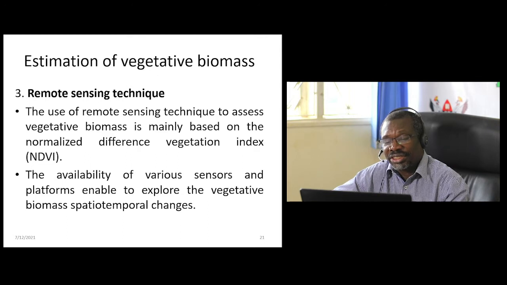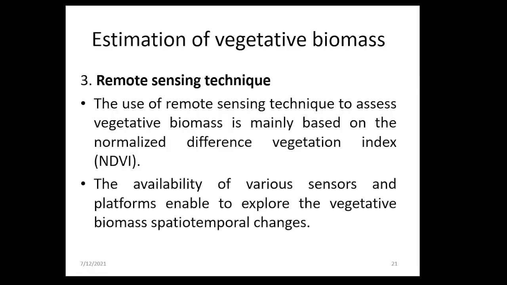This can be computed from each of the different satellite sources data we have. And the good thing is that some of these images are now available and accessible by most of us.